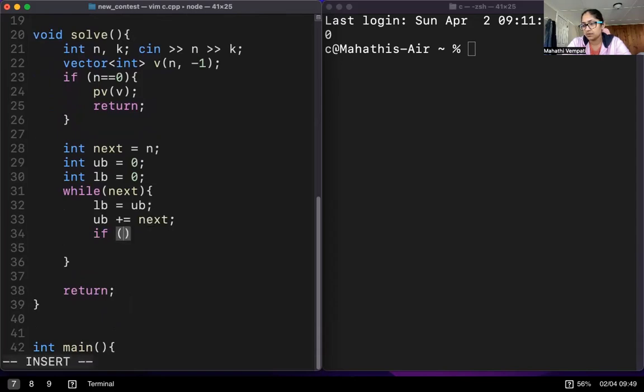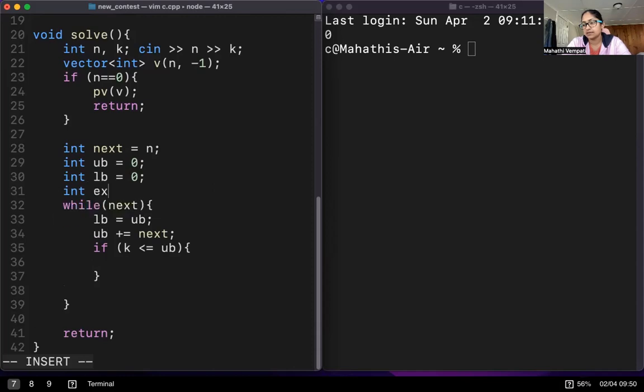So if k is less than or equal to upper bound, then extra is equal to k minus lower bound.